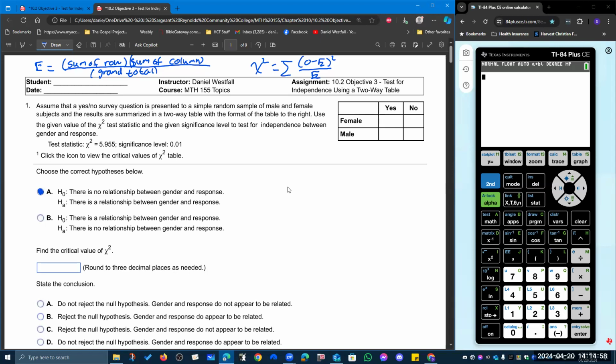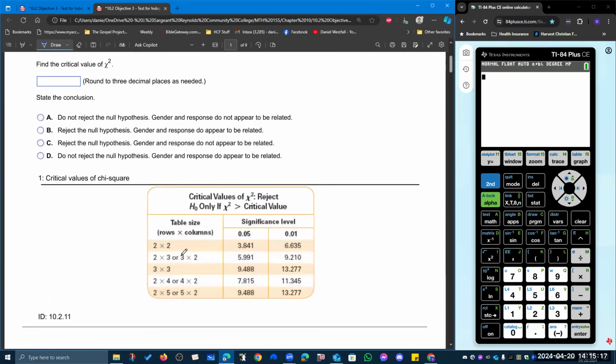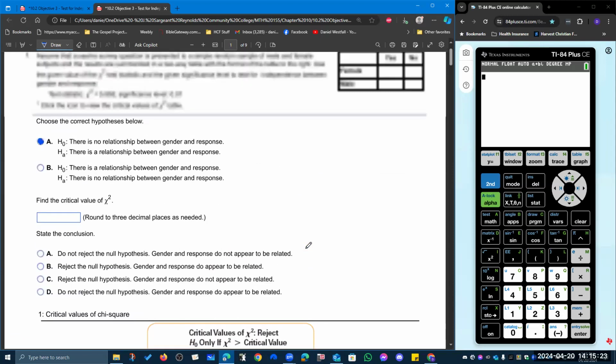They've already done the work to give us the test statistic here, and they've given us a significance level, and they want us to look up a critical value from the table. So we have a 2x2 table with an alpha of 0.01. It really doesn't matter what the table is. For a 2x2 with alpha 0.01, the critical value is 6.635.